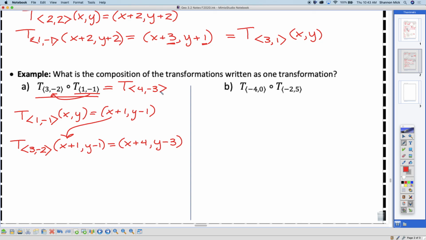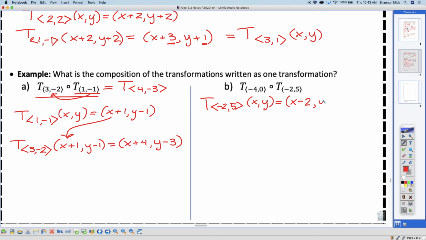Okay, so what am I going to do first on the next one? T saying negative 2, 5. So t, negative 2, 5 on xy, right? What am I doing to my x's? Adding or subtracting? Subtracting. How much? 2.